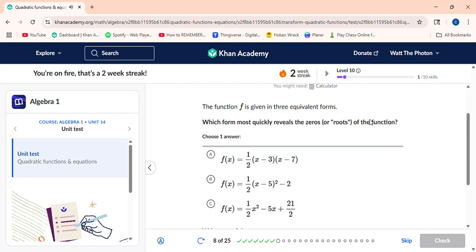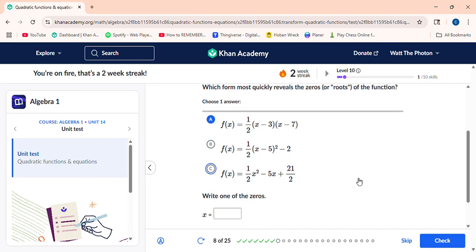The function f is given in 3 equivalent forms. Which form most quickly reveals the zeros of the function? Right, one of the zeros. 4 and positive 7.